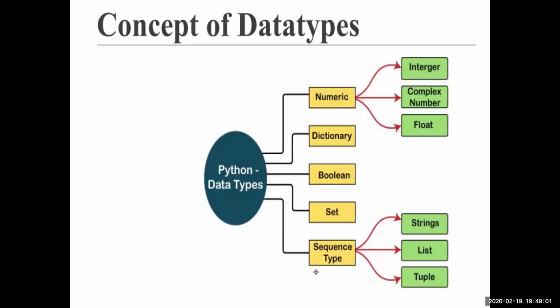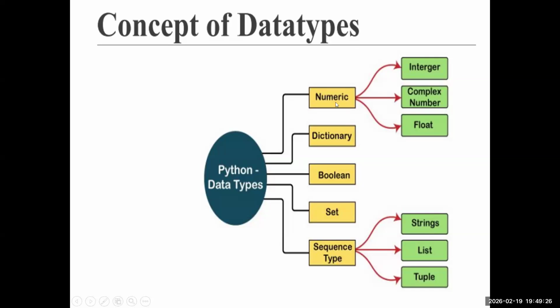Then data type. So this is very important. We have a primary data type and also the complex data type. The primary data types are numeric, Boolean, and sequence type. In sequence type, we have string.